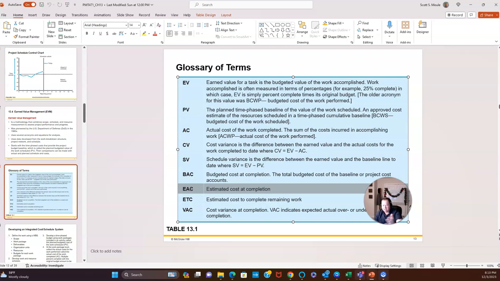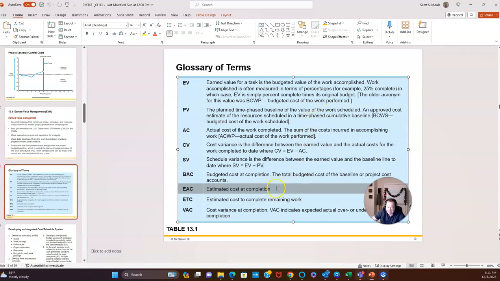So you've already spent 700, you think it's going to be 500,000 more. So your estimate at completion would be 1.2 million. You still have 500,000 remaining of work and you've already spent 700,000. So that gives you some good dollar metrics to show how you're progressing.